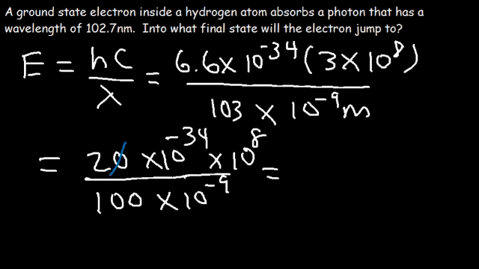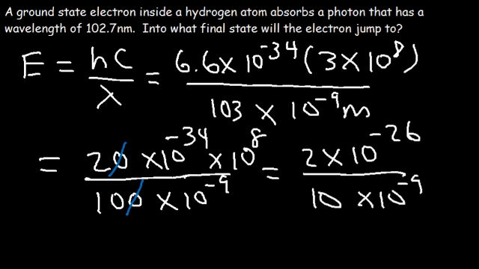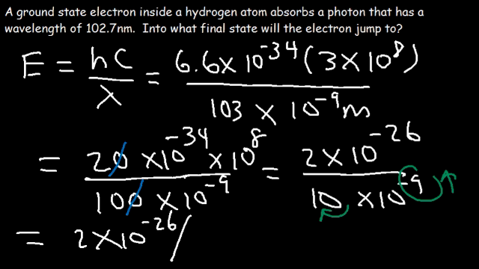So we can cancel a 0, and on top, negative 34 plus 8, that's negative 26. So we have 2 times 10 to the negative 26 on top, and 10 to the negative 9 on the bottom, which we can move the decimal 1 unit to the left, and so this is going to increase by 1. So what we now have is 2 times 10 to the negative 26 divided by 1 times 10 to the negative 8.